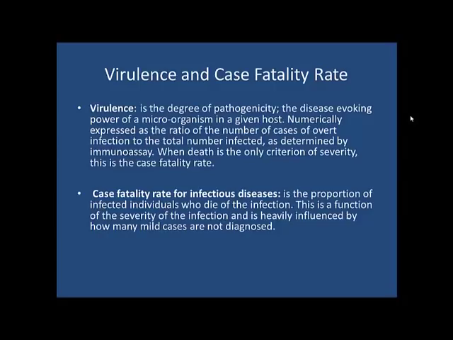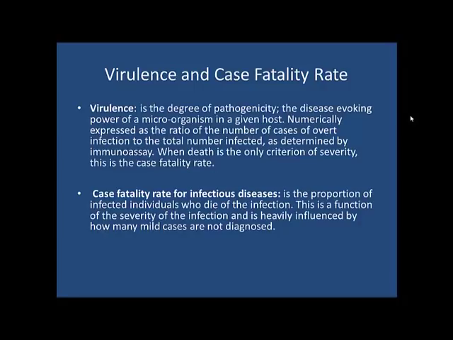Virulence and case fatality rate are another 2 definitions I'd like you to know. Virulence is the degree of pathogenicity of the microorganism in general, the amount of virus particles or bacteria necessary to actually cause an infection.